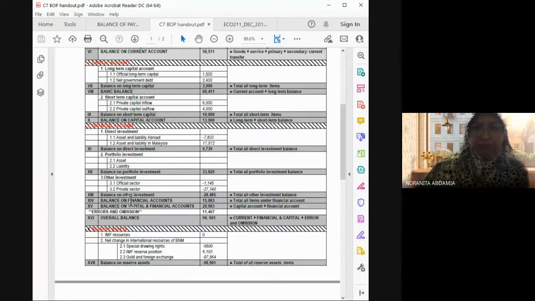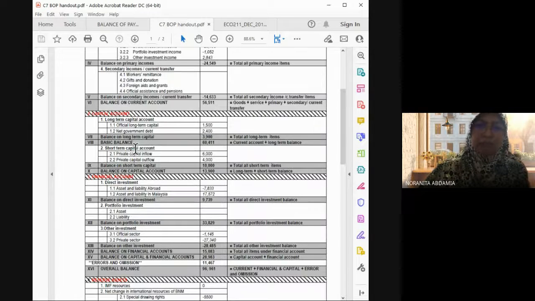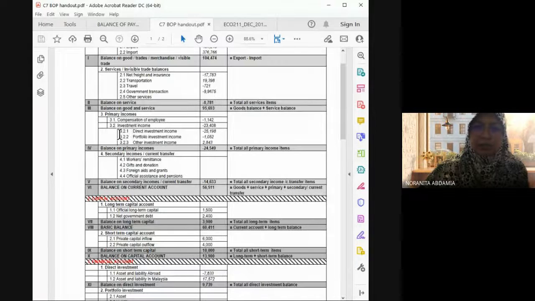Before I continue. So, can you see the sub accounts named direct investment, then portfolio investment, and then other investment? What is actually the difference between this sub account and this one? Apa bezanya?